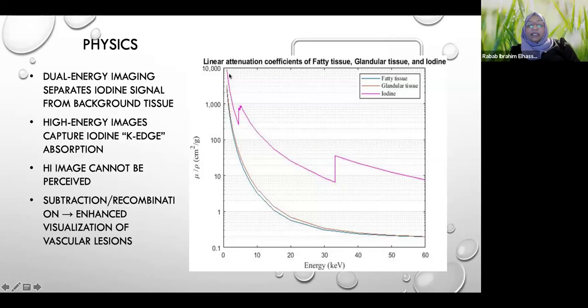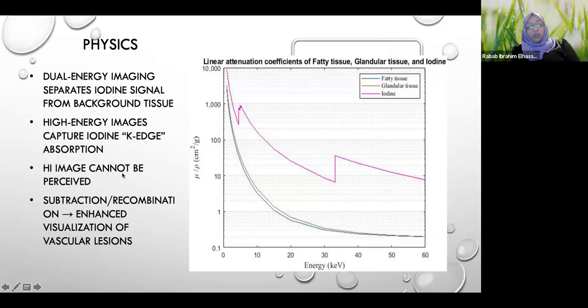So in the low energy image, we can see the glandular tissue and the fat, very similar and not at all inferior to a conventional mammogram. And at high energy, we can see basically only the iodine. So the high energy image cannot be perceived by the human eye, and I will show you an example.